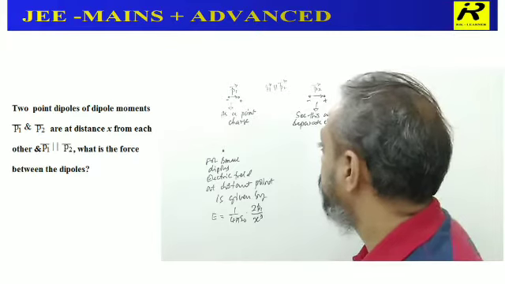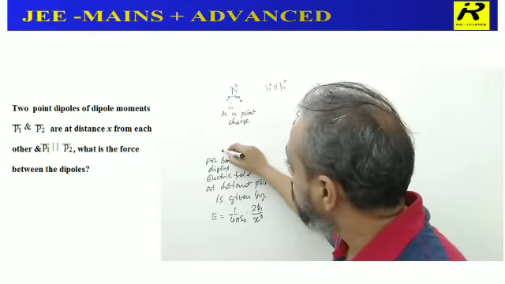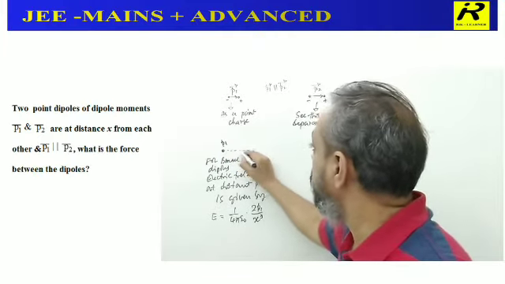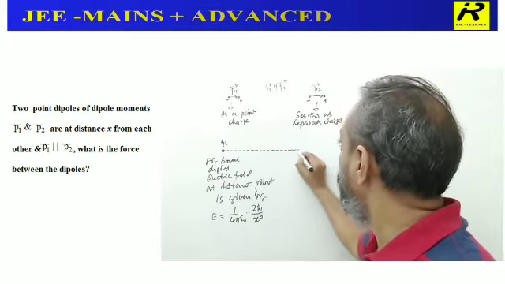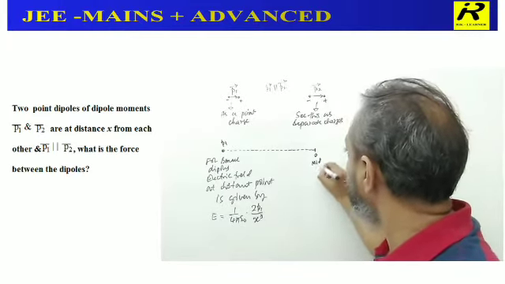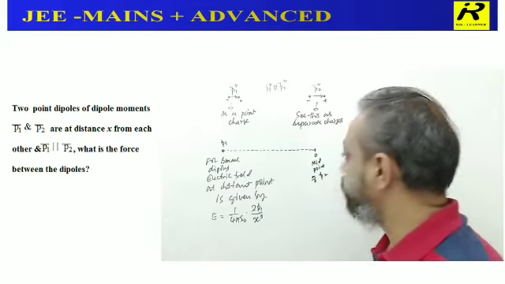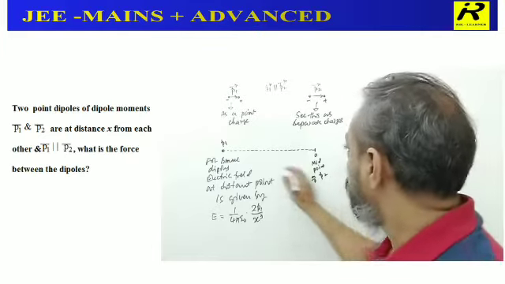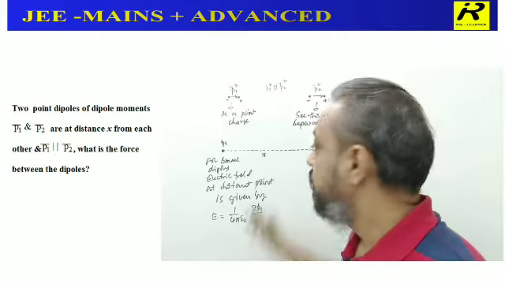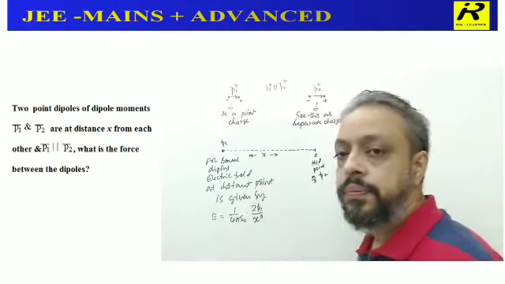Why is it so? See, here is the first dipole, which is taken as a point source. Here is P1. From this we have the second dipole, whose midpoint is somewhere here. This is the midpoint of P2. From here to here they are saying the distance x. So, the distance between the two dipoles means this, this is x.